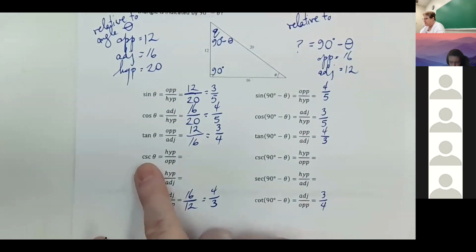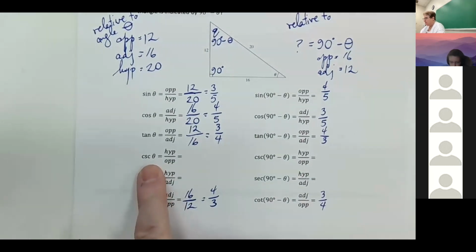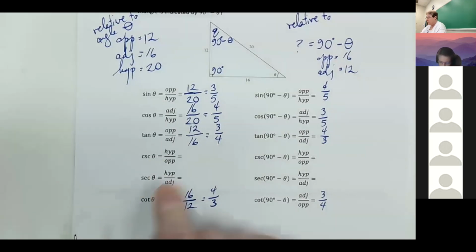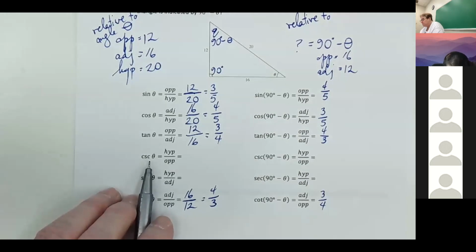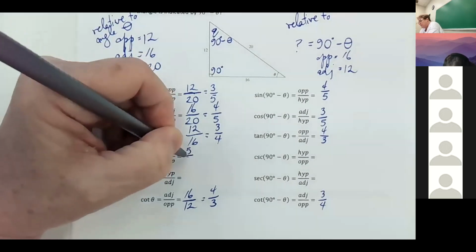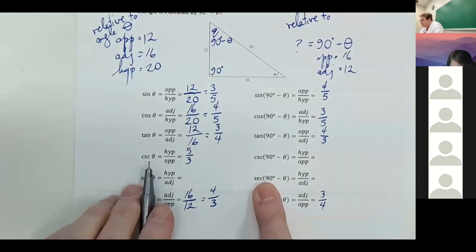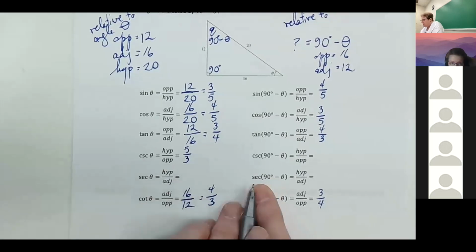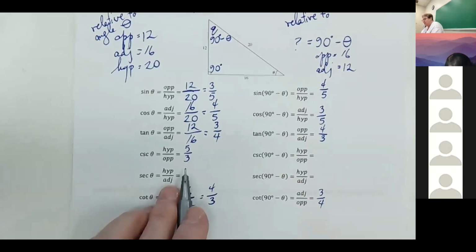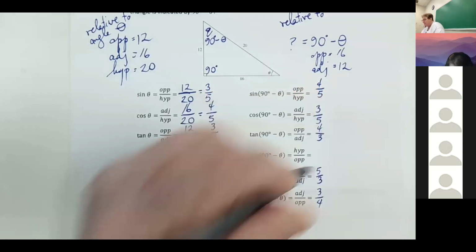The cosecant is the reciprocal of which one? Yeah, sine goes with cosecant. Cosine goes with secant. So what is the reciprocal of 3/5? That means that the secant, they're co-functions. One has a co and the other doesn't. That means the secant of 90 minus theta is also going to be 5/3.